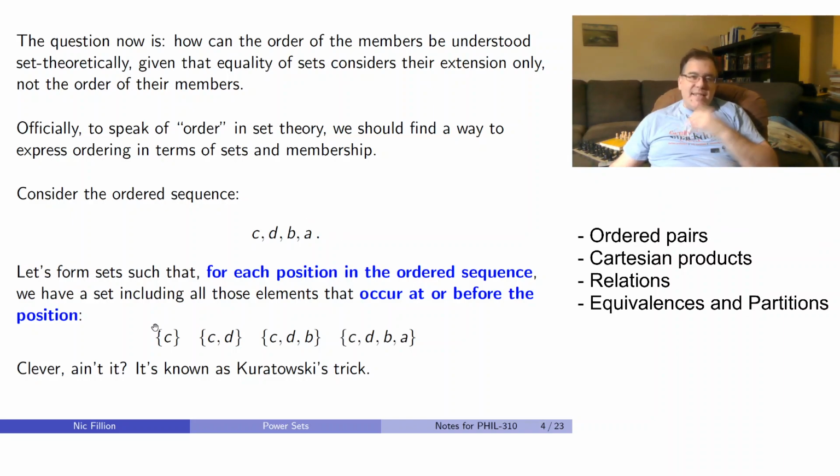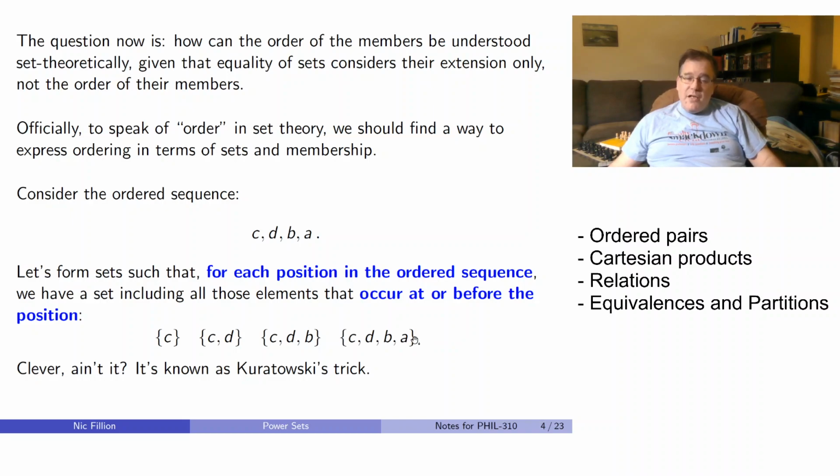Right? So since C is the first element, the first set we're going to construct contains C. Since C and D are in this set, that will express the fact that D is the second element of the sequence. Here we have C, D, and B, which is associated with the fact that B is the third element of that sequence.